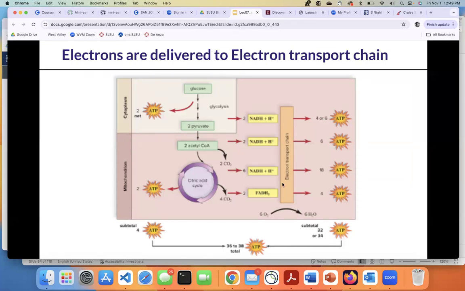What I want you to see here is, imagine this electron carrier, we were adding the NADH and FADH2, which are our electron carriers. So it's carrying the electron right now.